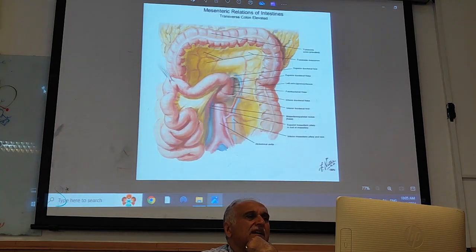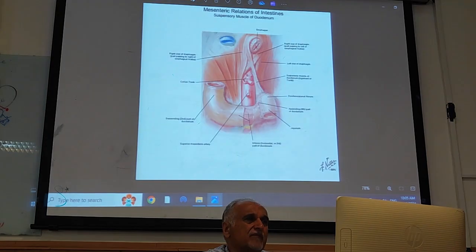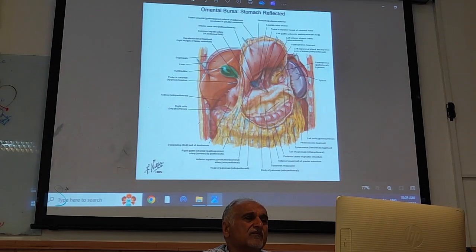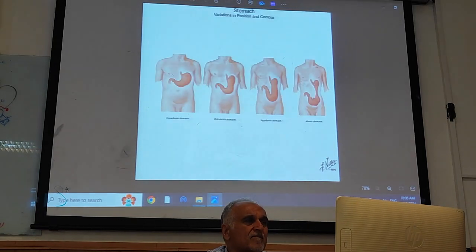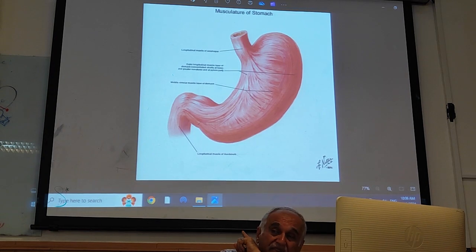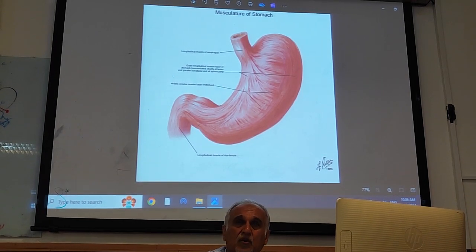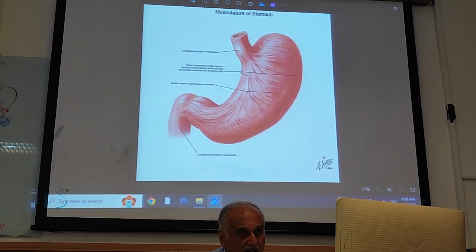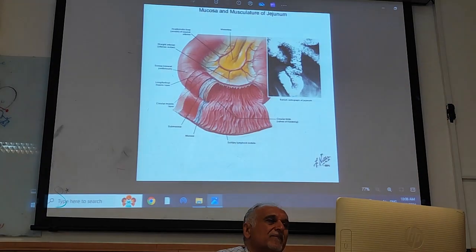Do you remember the Riolan arc that I mentioned to you? Riolan arc was the connection between what? Inferior and superior mesenteric. Remember the figure. The left branch of the left colic and the middle colic connect to each other. So, look here.